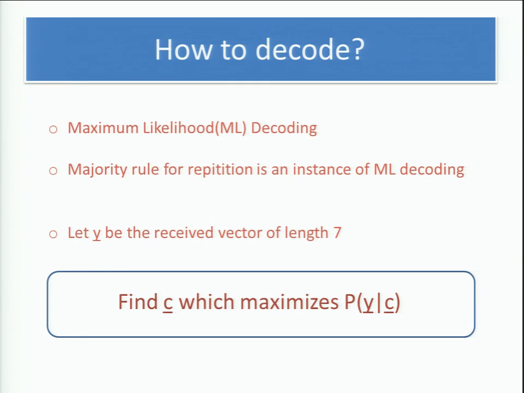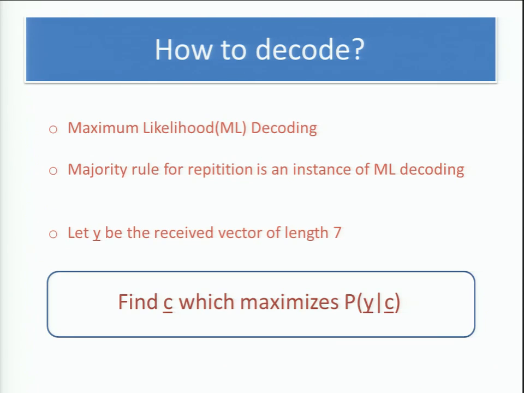That is, the code word from which y could have most likely occurred. Because there are so many x's, from any one of those y could have occurred, right? But we want to decode it to that code word from which y would have most likely occurred. So that is what maximum likelihood decoding is. It maximizes this quantity.